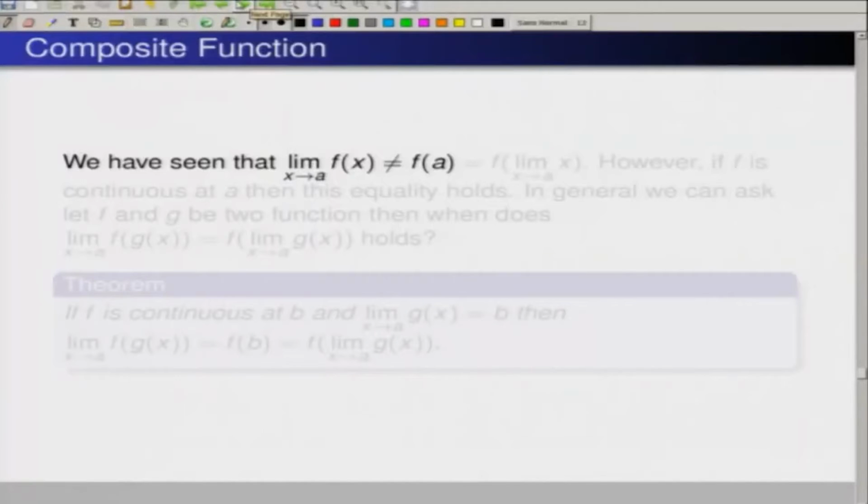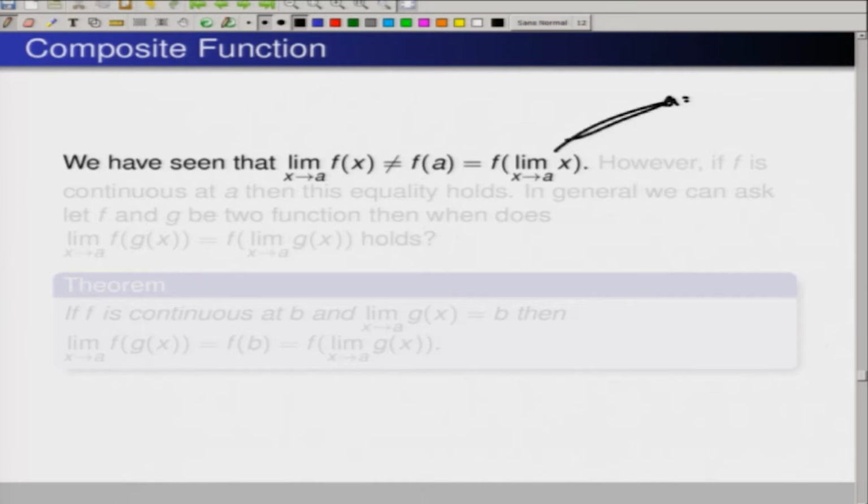Now, what we have seen is that not necessarily limit x goes to a, f of x is equal to f of a. It may not happen; only when the continuity happens, then this is going to be f of a. Now, f of a, I can write it as limit x goes to a of f of x.